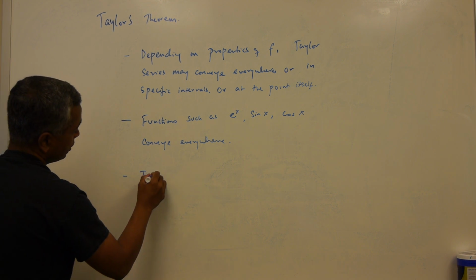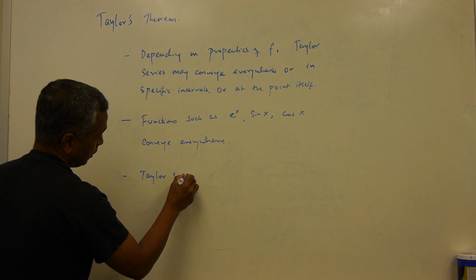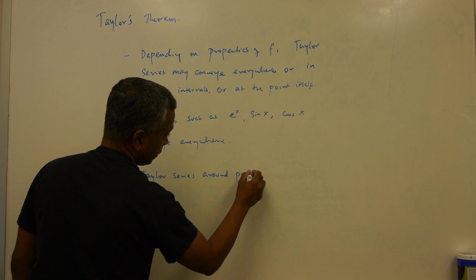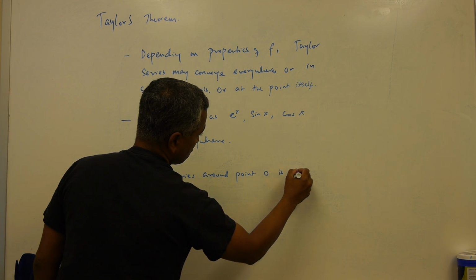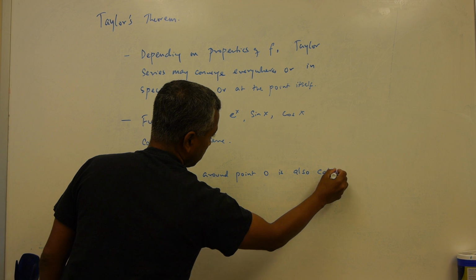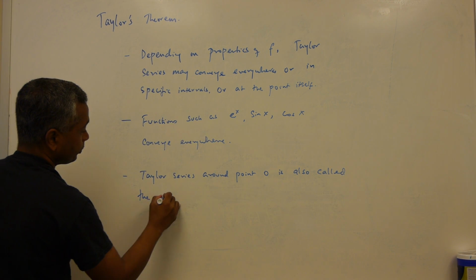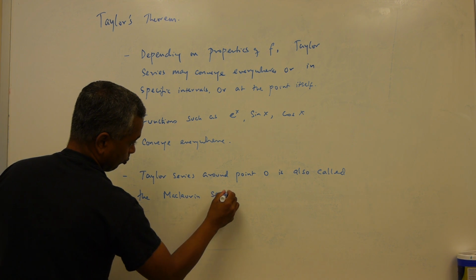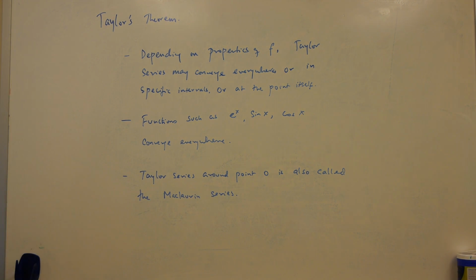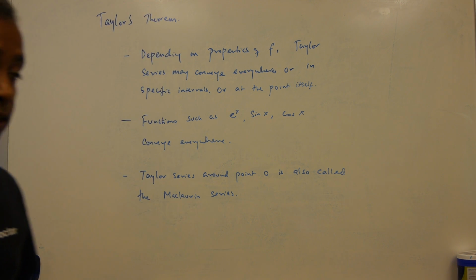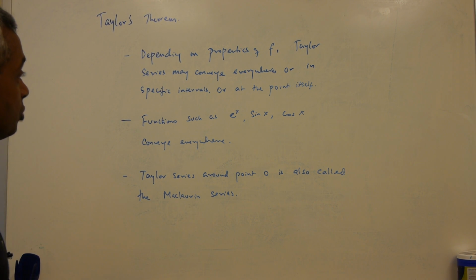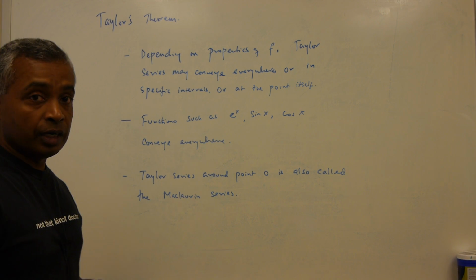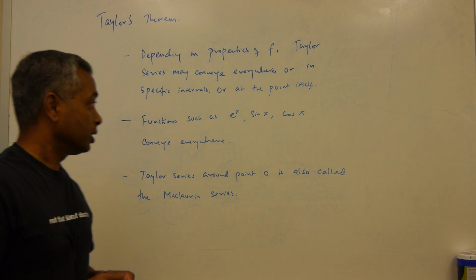A Taylor series around point 0 is also called the Maclaurin series. Once again, Taylor series is extremely important. You need to know this very well, not just for expansions, but also for characterizing convergence rates and errors, and we will use all of this even in our next lecture, and then we will use it all through this class.